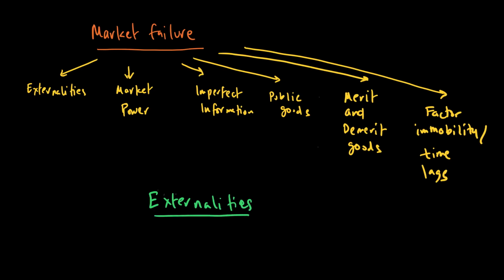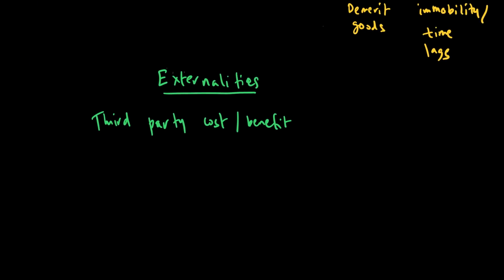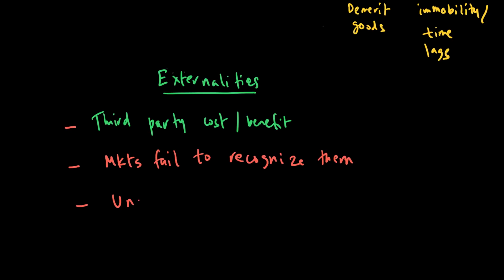The reason a third party cost or benefit causes a market failure is that the markets fail to recognize them, and because of this there could be under or over provision in the market, because there are externalities which were not accounted for.